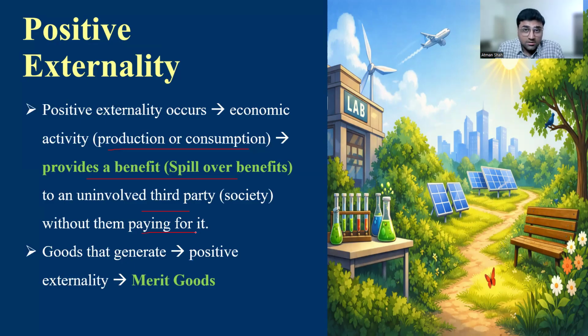And these goods which generate positive externalities are known as merit goods. So merit goods generate positive externality in the economy. We can take the example of education and vaccination. Both of them generate benefit to the society, but society is not directly involved in the transaction process.